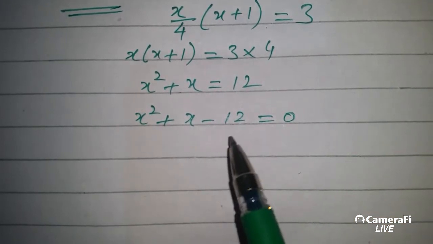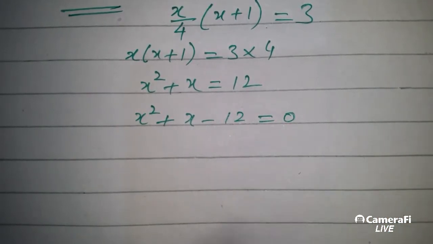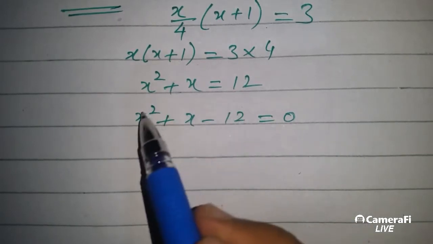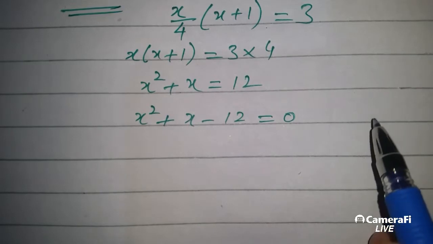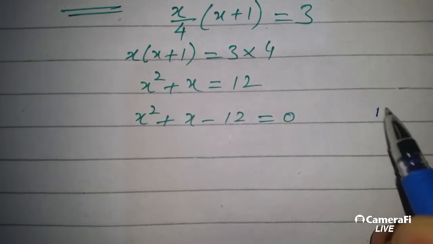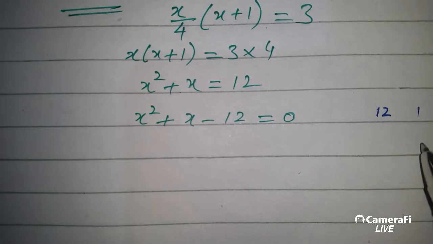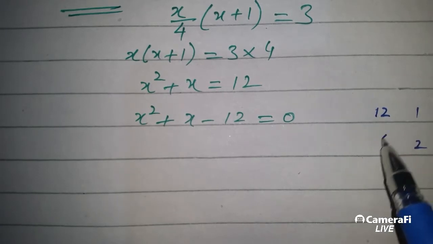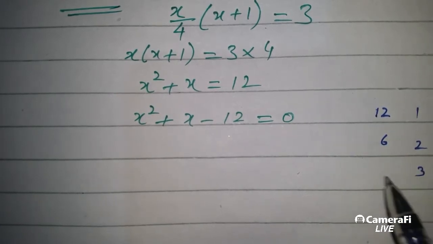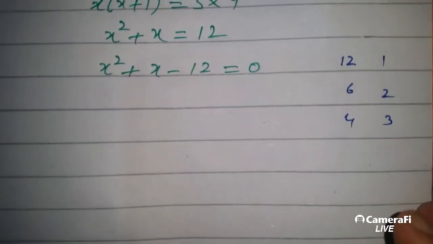The factors of 12x square. The factor of 12 is 12 1s are 12, 2 6s are 12, 3 4s are 12.